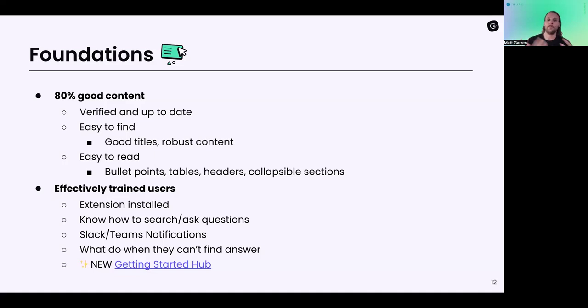So if they can do it, pretty much anybody can, I think. But I think addressing what to do when they can't find an answer is a really important element to have in place in order for Guru to be successful, so that people don't just end up going to Slack all the time and asking the questions, and that you have a system in place to close those knowledge gaps so that you're consistently keeping Guru fresh and relevant with all the information that people actually need and have questions about and are looking for.